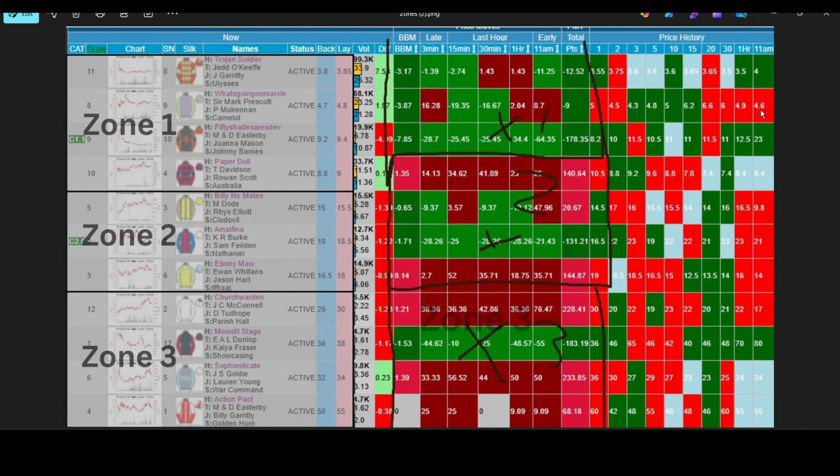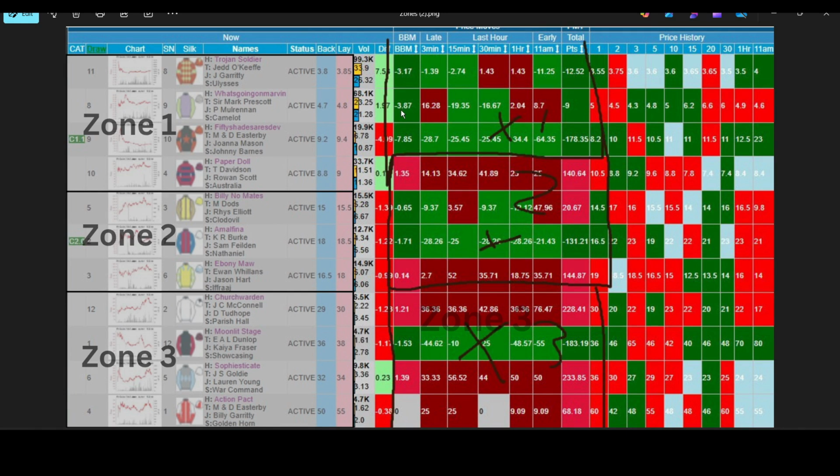A similar thing goes for Marvin, the second favourite. Again he opened at 4.6, currently 4.7, so a slight drift, and from 11 AM he's wandered out, had some money come back in the last 15 minutes, wandered out again, and then some. He's wandered out in the last 3 minutes, the late part, and his book price has moved in.